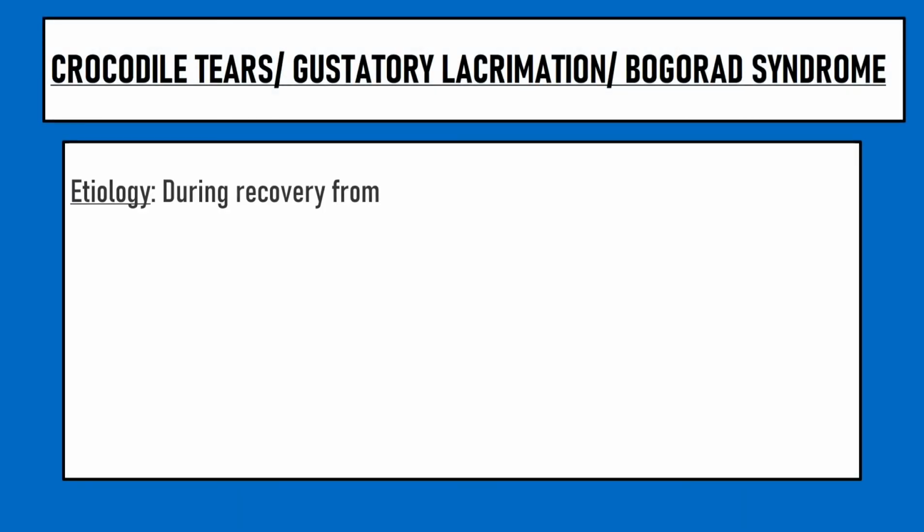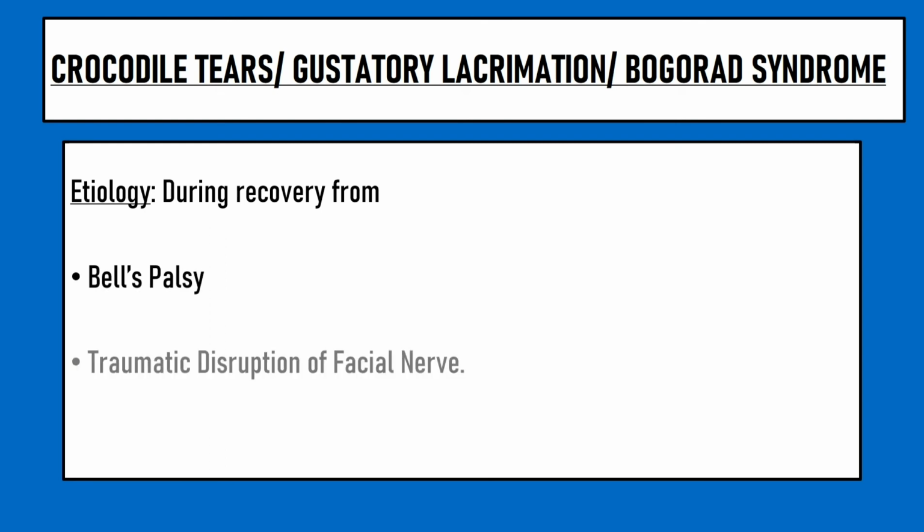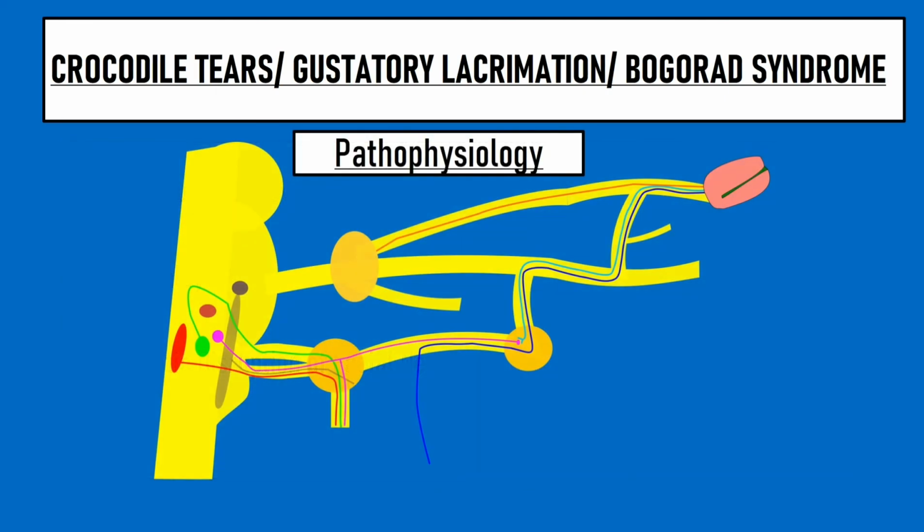So what is the etiology of gustatory lacrimation? It is seen during the phase of recovery in patients with Bell's palsy or in patients with traumatic disruption of the facial nerve. Pathophysiology. So what causes gustatory lacrimation? We need to go back to the parasympathetic component of the facial nerve.